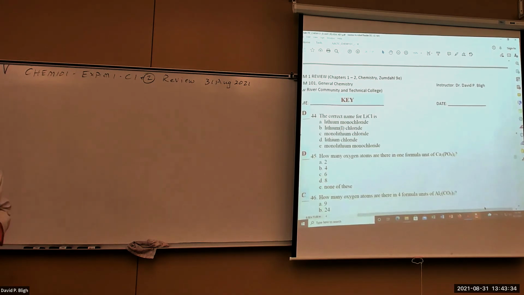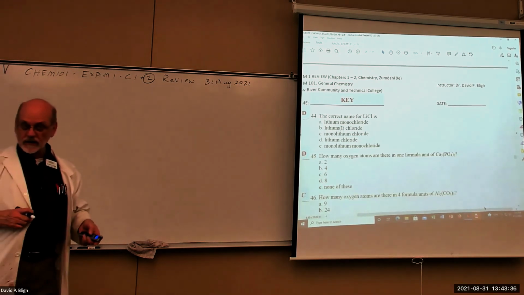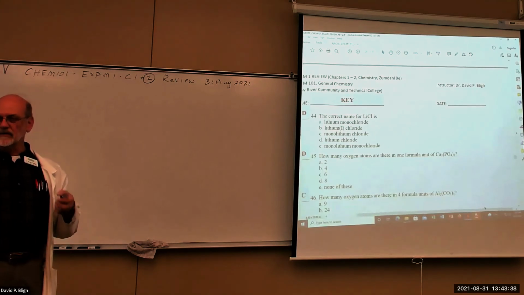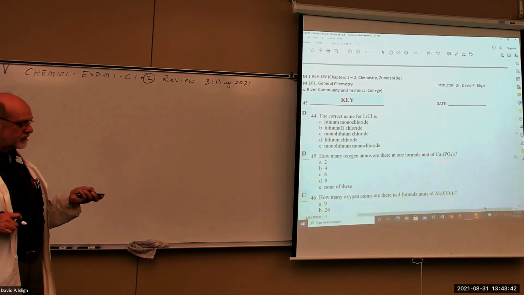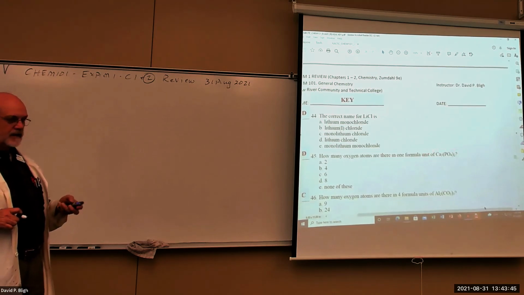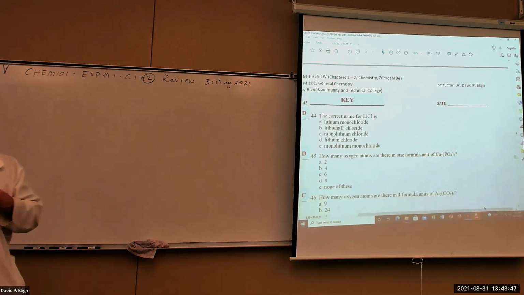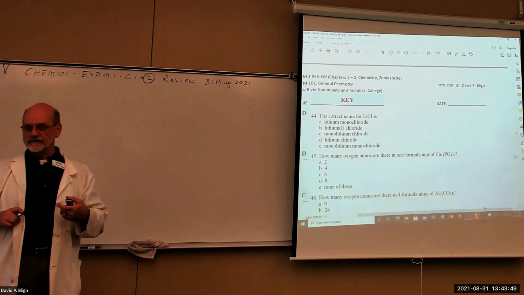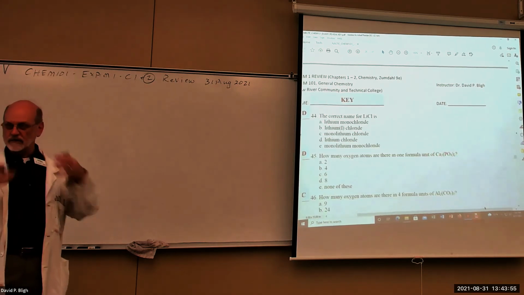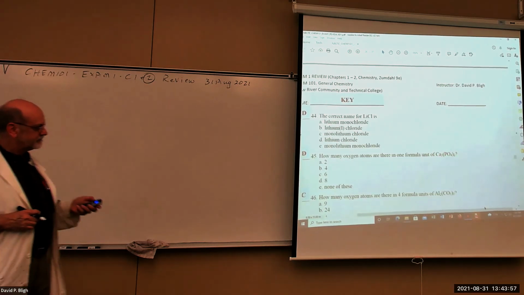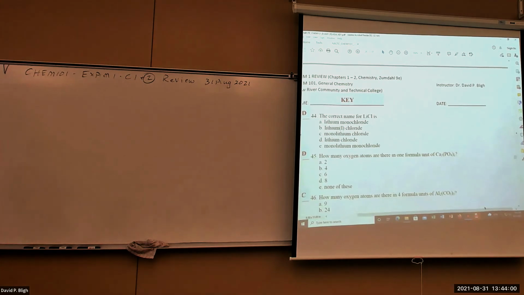Notice I didn't call it a molecule. Not a molecule. Molecules are covalently bound. They're nonmetals and nonmetals. This is a formula unit. Ionic compounds don't form molecules, they form crystal structures. This is the simplest ratio of calcium to phosphate in that structure.